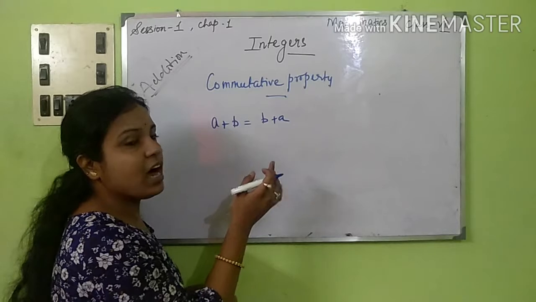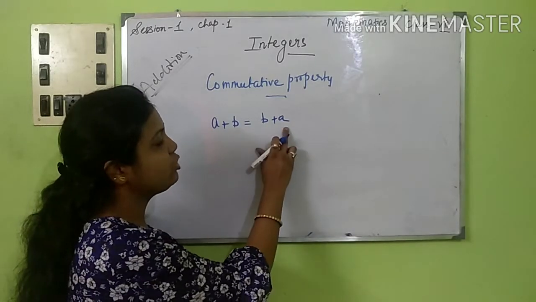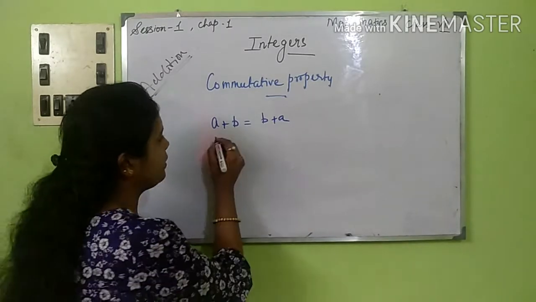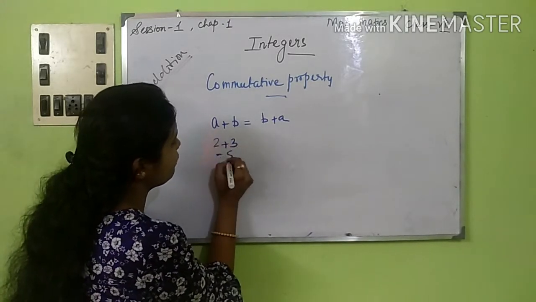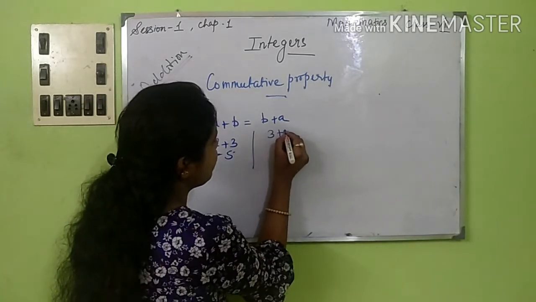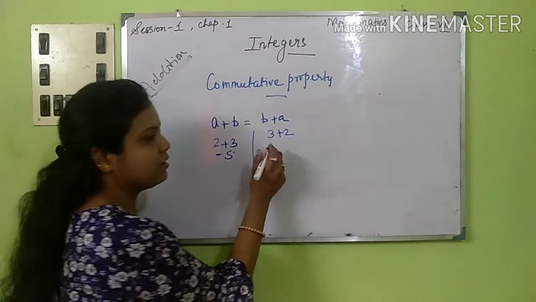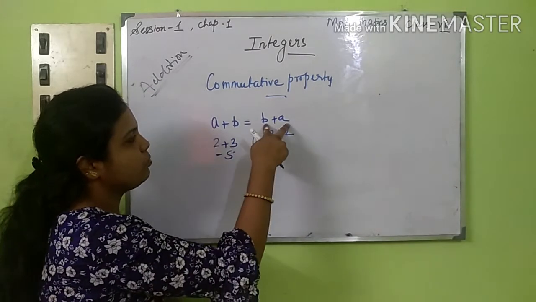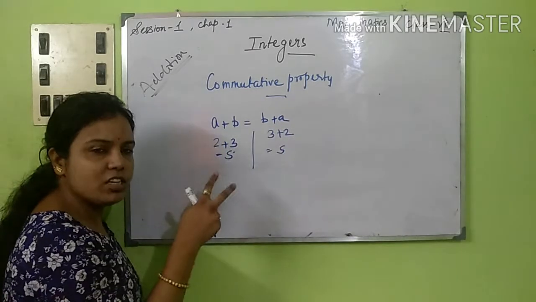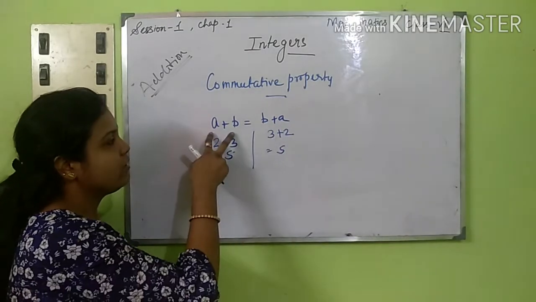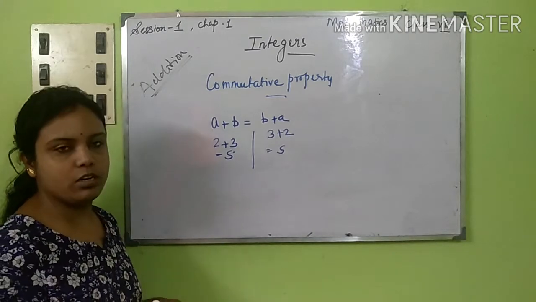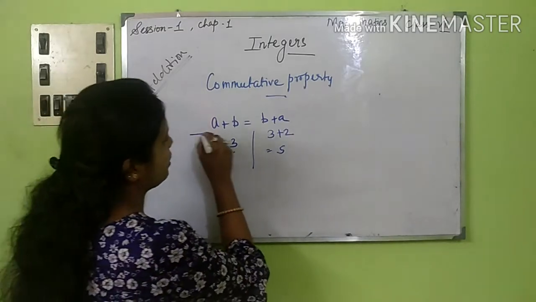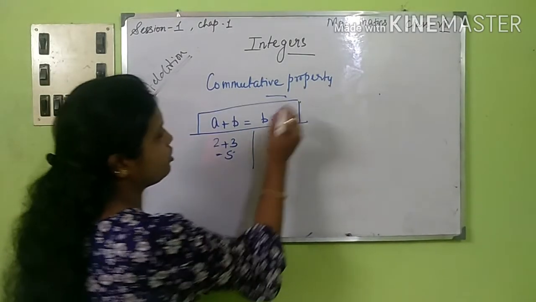If the numbers are rearranged, that is b is added to a, the result also comes the same. For example, 2 plus 3 will give you 5. Again 3 plus 2, if you rearrange the numbers and add, here also you will get 5. That means a plus b is equal to b plus a. Rearranging or reversing the numbers, the result remains the same as the original. Clear? This is your commutative property.